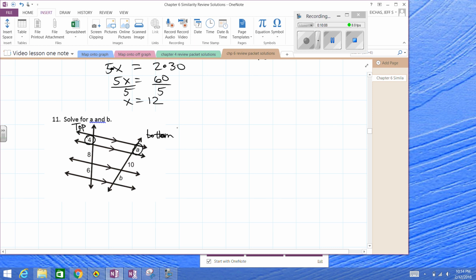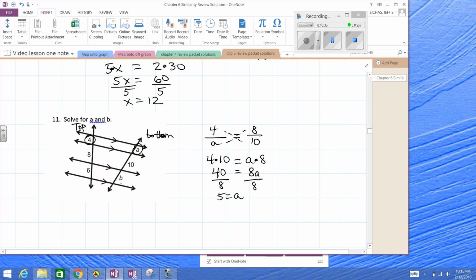Between these parallels, 4 is to A as 8 is to 10. Put this on the top at all times. Equal sign, get the cross products, and divide by 8. So we get A is 5.